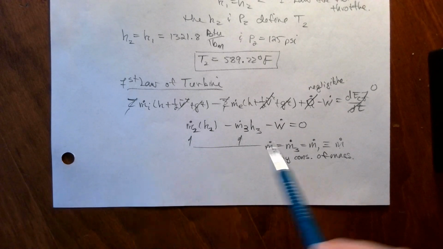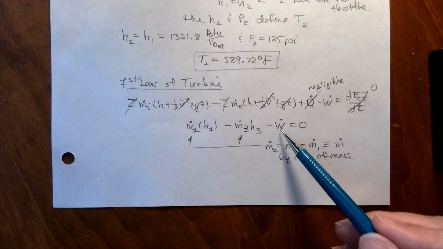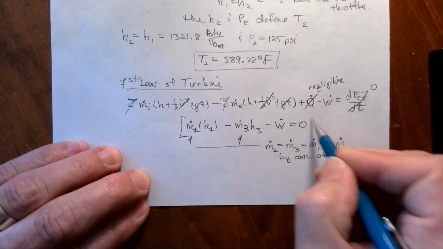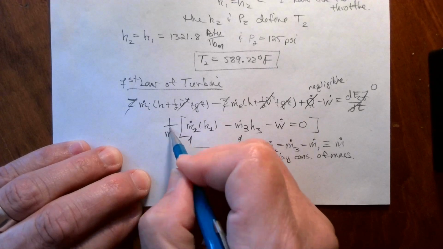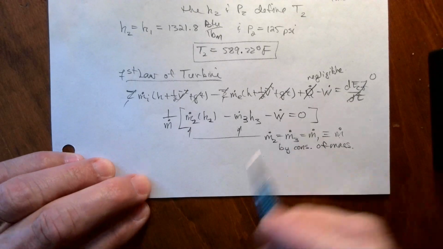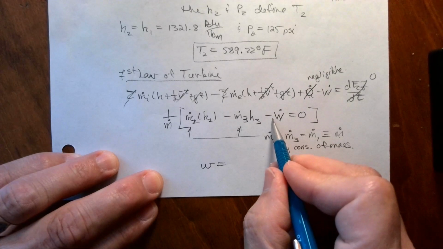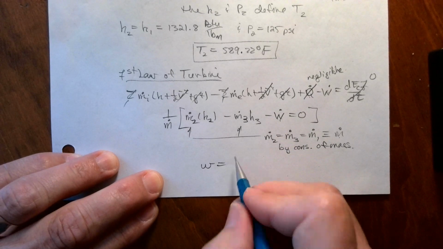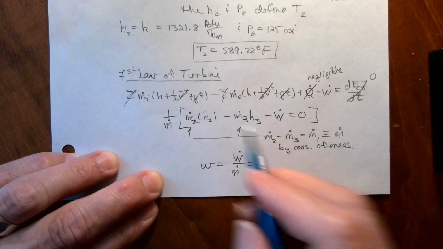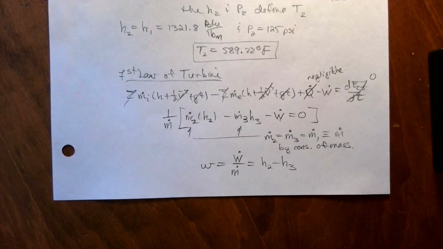That allows us to evaluate the power per unit mass without knowing the mass flow rate. Dividing this equation by m dot turns our w dot into a little w. Taking it to the other side, it becomes positive: w, defined as w dot over m dot, is equal to h2 minus h3.